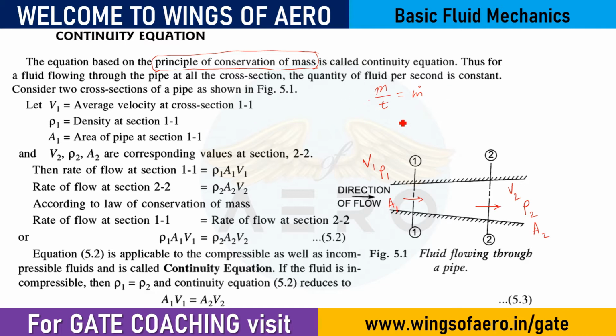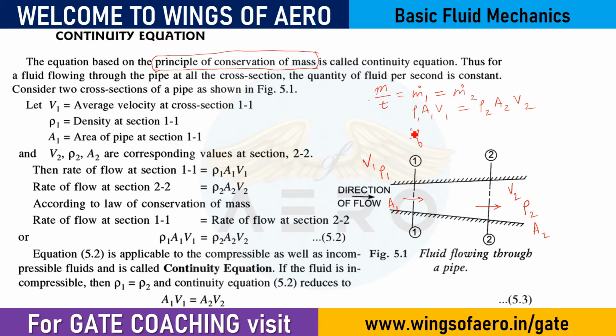This rate of flow becomes equivalent to discharge when the density becomes the same. So m dot 1 is going to be the same as m dot 2. So what is m dot 1? Rho 1 a1 v1 is going to be the same as rho 2 a2 v2.